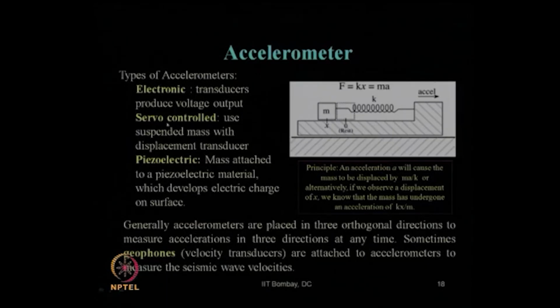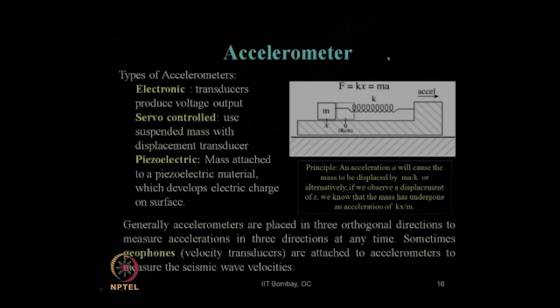Mass of your, suppose you are using the servo control, the suspended mass is known to you. Now, you have recorded how much it has displaced. So, you can measure the acceleration. Am I right? So, this is the simplest way by which one can measure the acceleration.